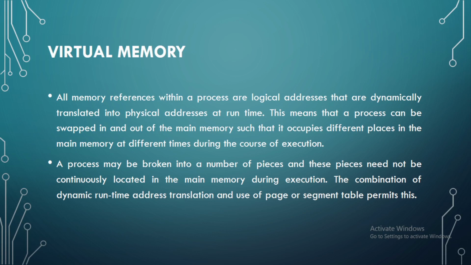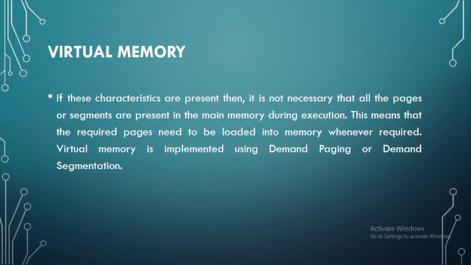The combination of dynamic runtime address translation and use of a page or segment table permits this. If these characteristics are present, then it is not necessary that all the pages or segments are present in the main memory during execution. This means that the required pages need to be loaded into memory whenever required.